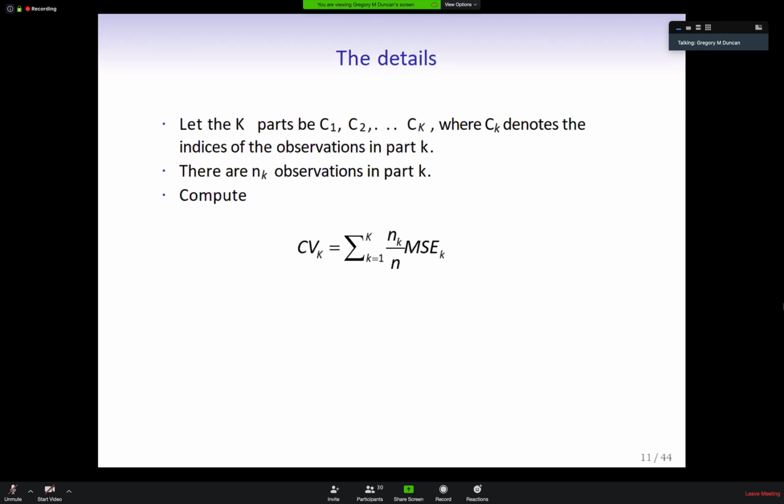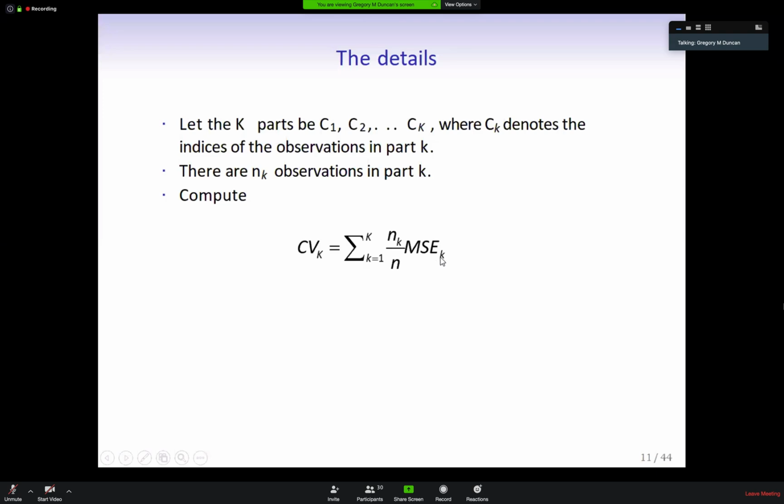Then I'm going to take the second group. I'm going to train on everything except the second group. And then I'm going to predict on the second group and calculate the MSE. That's going to be MSE2. And I'm going to do that for all K parts.